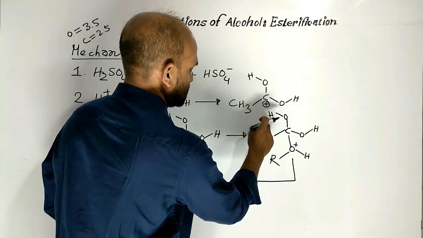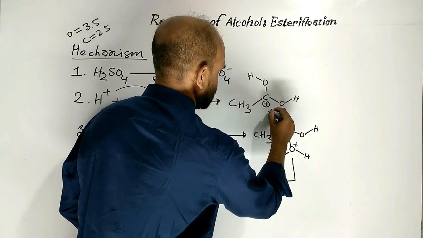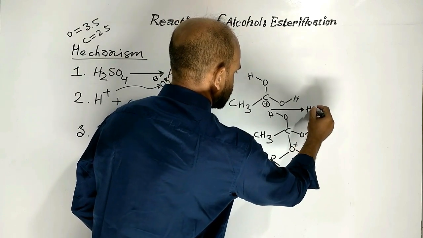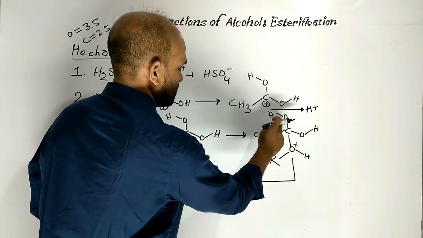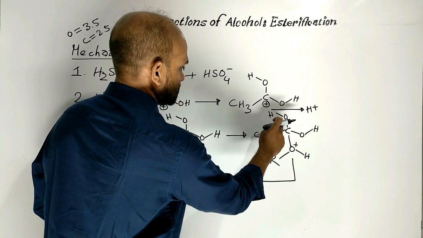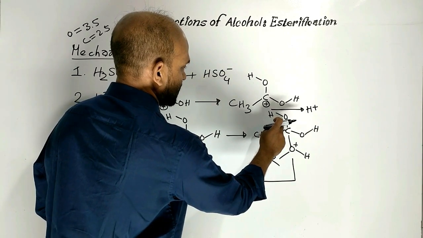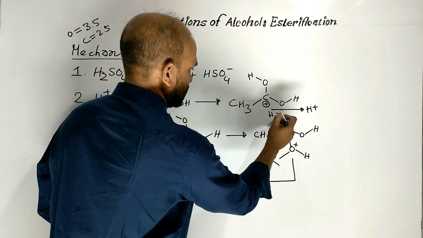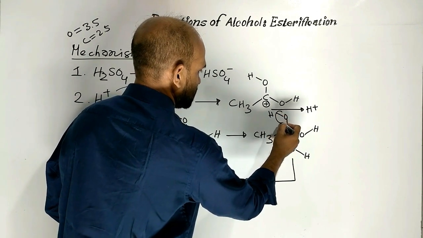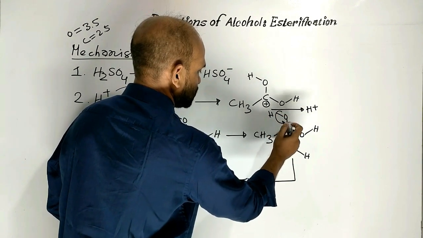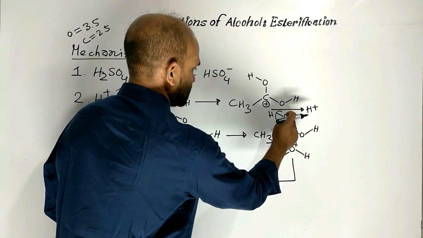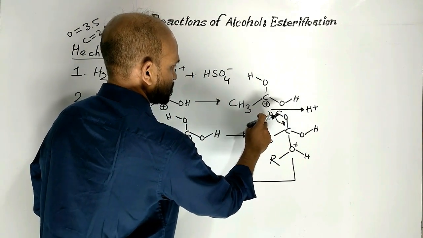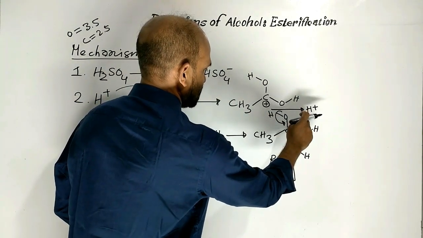Now this hydrogen gets freed as proton because here oxygen is highly electronegative element than carbon. That is why this bond changes to carbon oxygen double bond. This hydrogen gets free as proton.